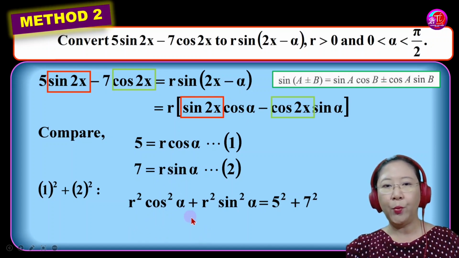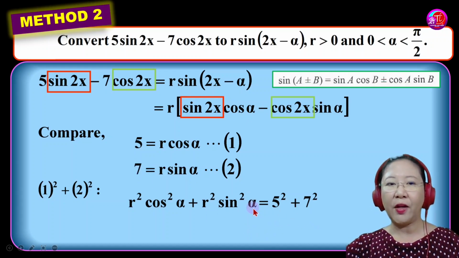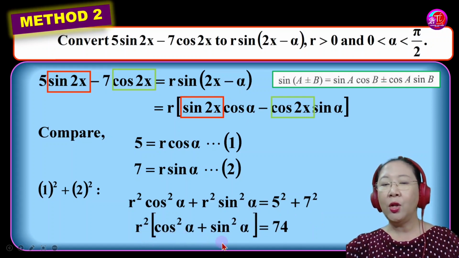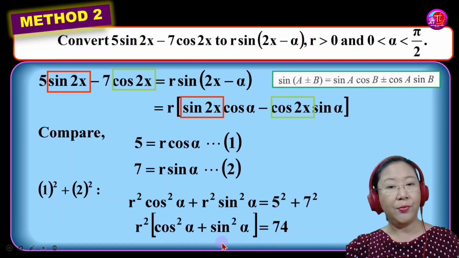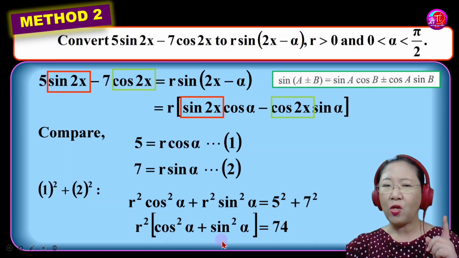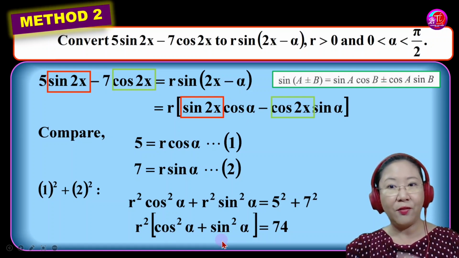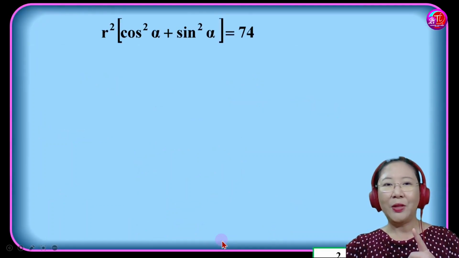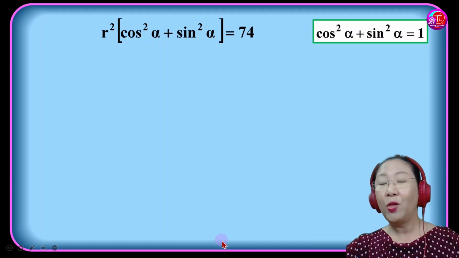We put them all together in one shot, and the 5 squared and 7 squared we will put behind. Same like just now, I'm going to factorize the R squared out, and what is left is something I had from the previous one, which is the cos squared alpha and the sine squared alpha. Do you remember? Yes.